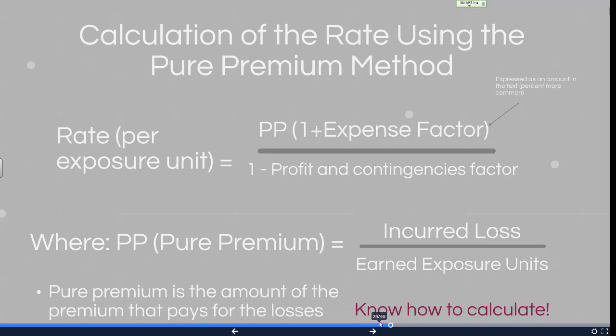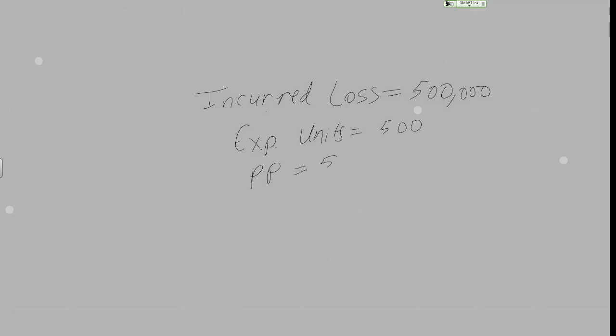So let's look at an example of calculating the rate using the pure premium method. Let's assume your incurred loss was calculated as $500,000 and your exposure units were 500. The pure premium, therefore, is 500,000 divided by 500, which gives you a pure premium of $1,000.